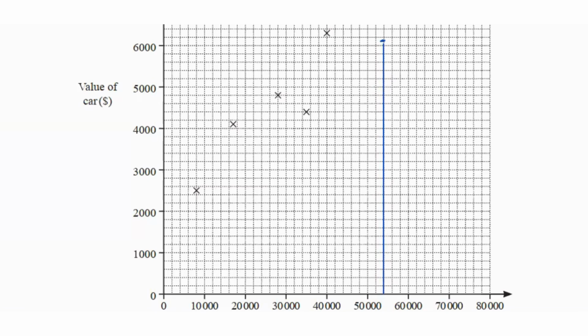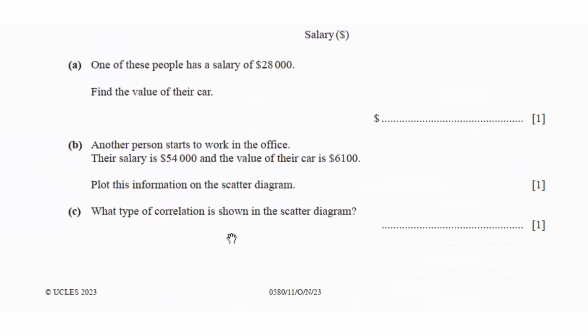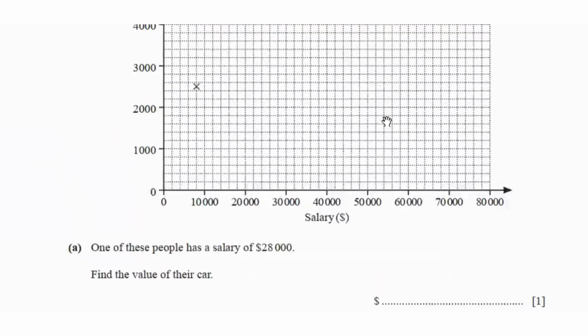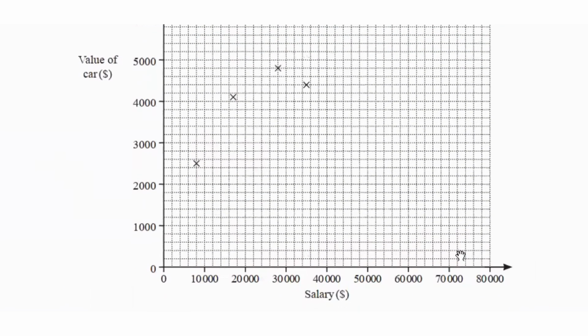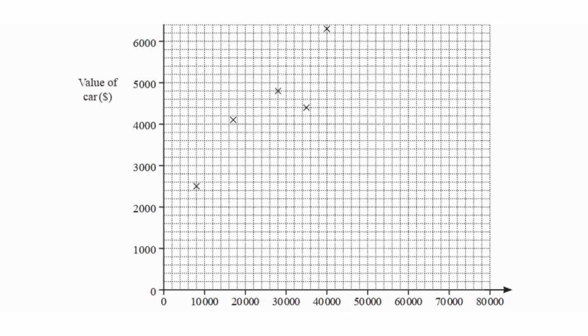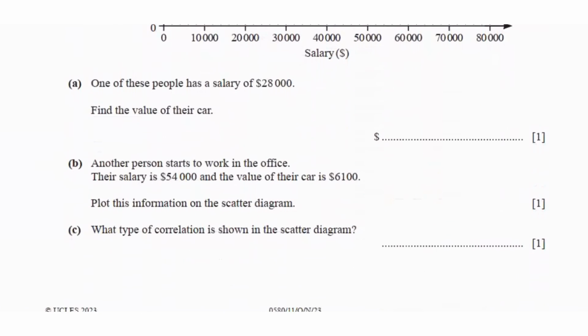So this is our point. Then it says, what type of correlation is shown in the scatter diagram? As you can see, as the salary increases, the value of the car increases, which means there is positive correlation.